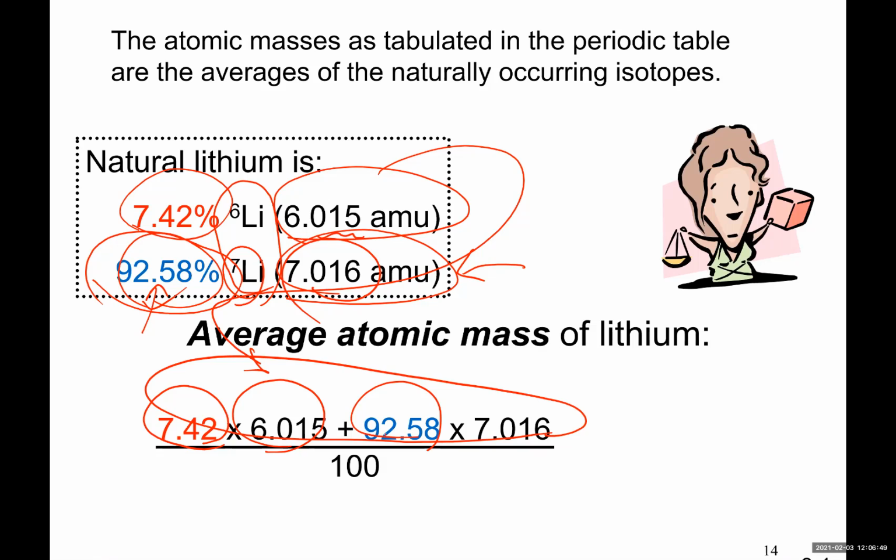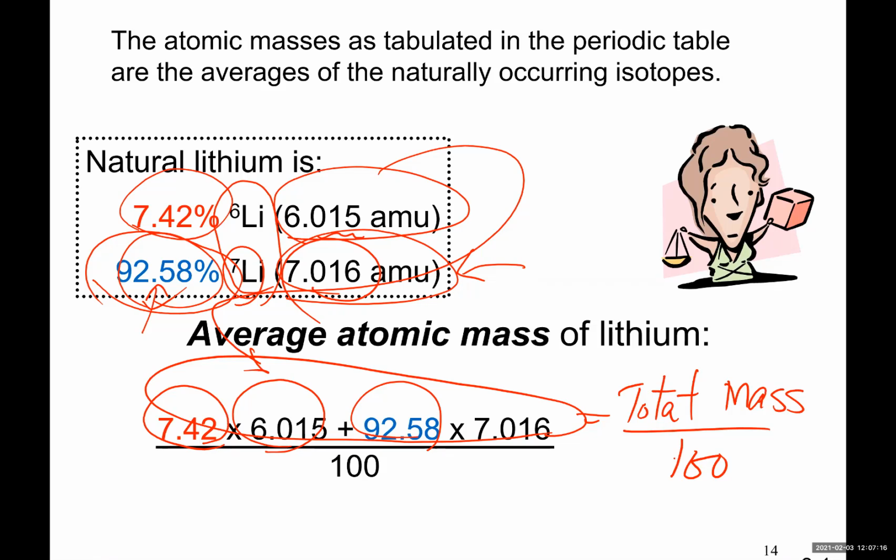what do you get if you add 92.58 to 7.42? You get 100. That means you have 100 atoms with this total mass, as total mass in AMU of 100 atoms of lithium. And then if I divide it by 100, I get average mass of an average atom of lithium.